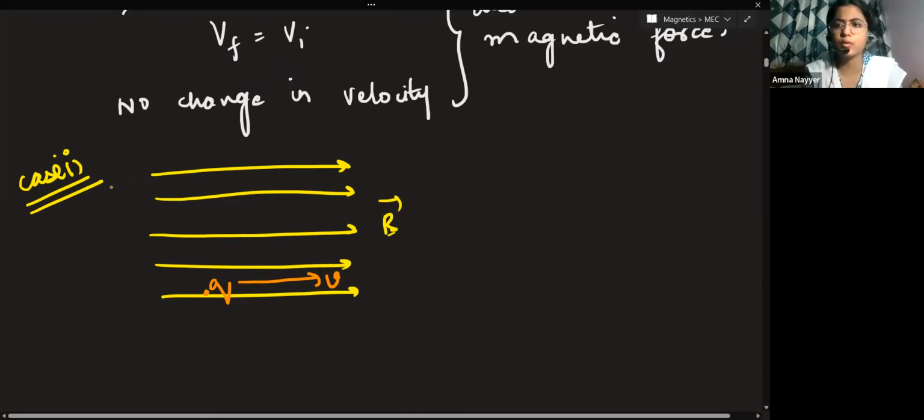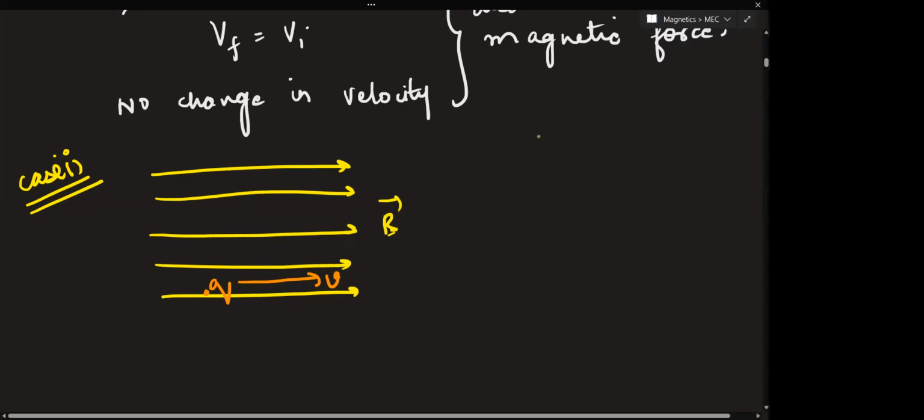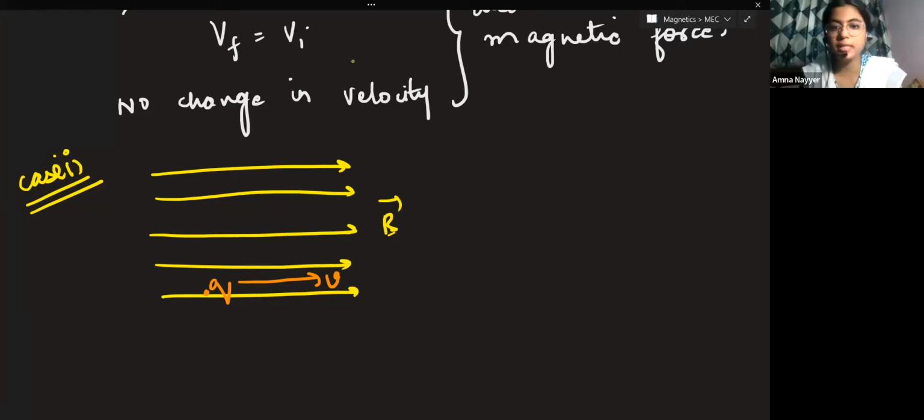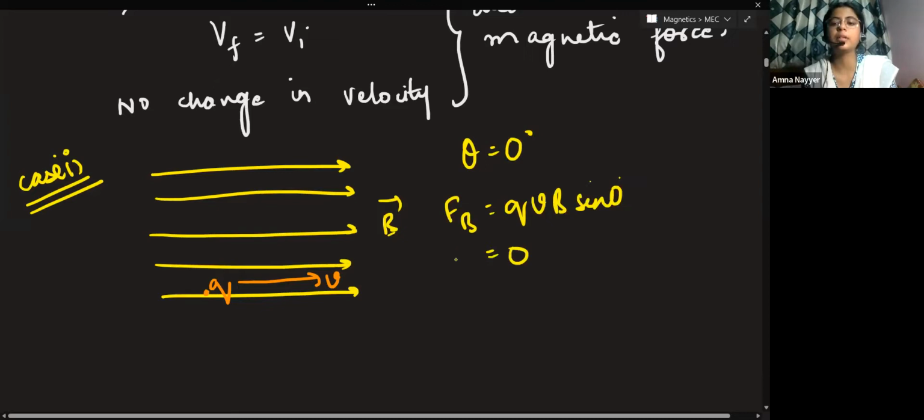We have discussed this also. 0. Yes, it will be 0. Yes, Fatma. So in this case, theta becomes 0 degree. So F_B is qvB sine 0 degrees. That becomes 0. So directly your force will be 0.